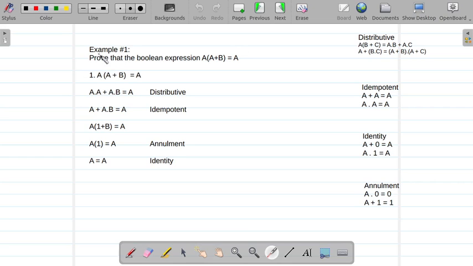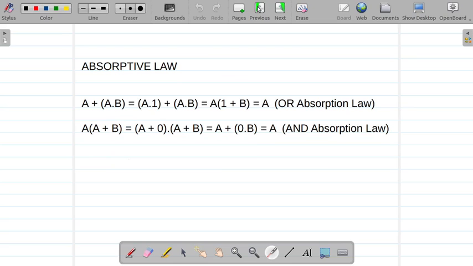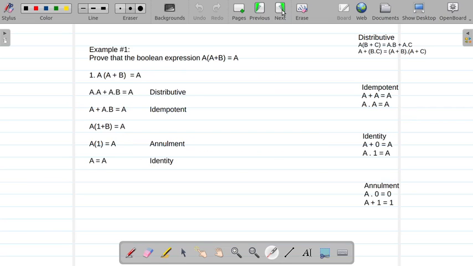So, for example number 1, prove that the Boolean expression A multiplied by (A plus B), or A and (A or B), is just equal to A. This uses the absorptive law. If we go back to the absorptive law, the equation is equated to A. So, why does it become A? Here is the solution.